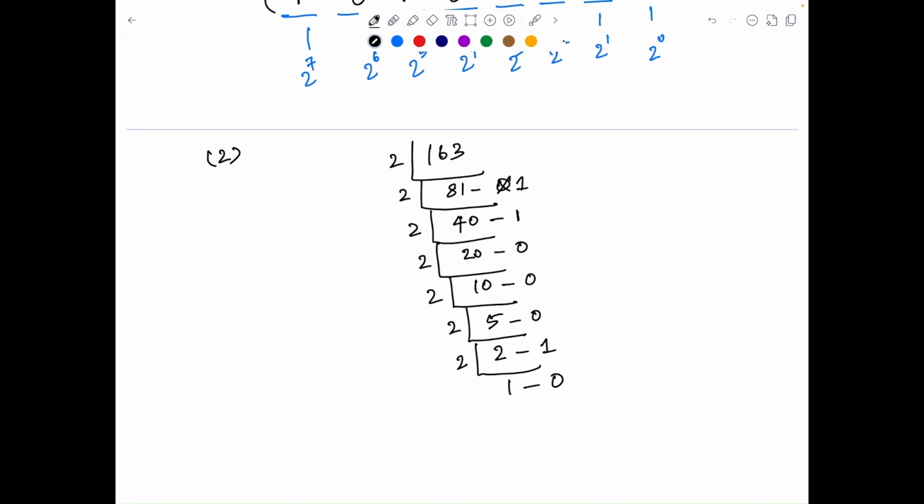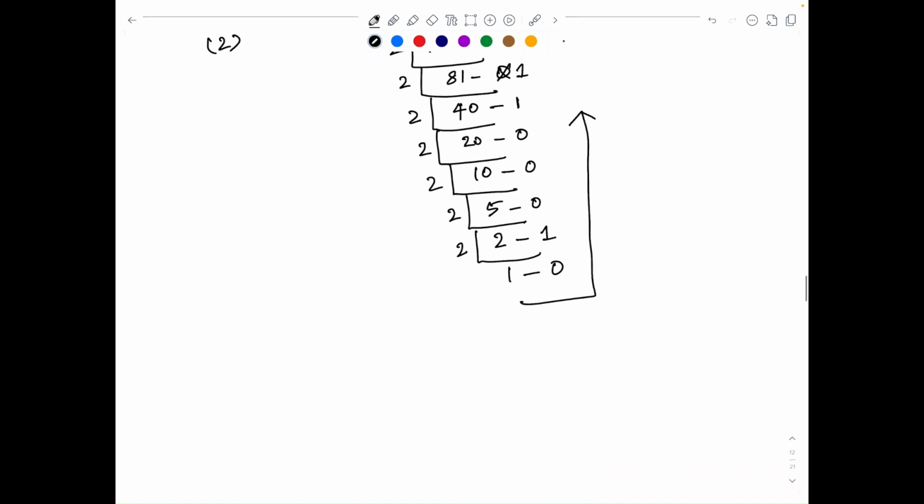All right. So we have to place our number from this direction onwards. First we start with the last remainder: 1, 0, 1, 0, 0, 0, 1, 1.